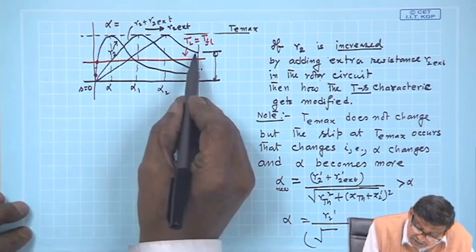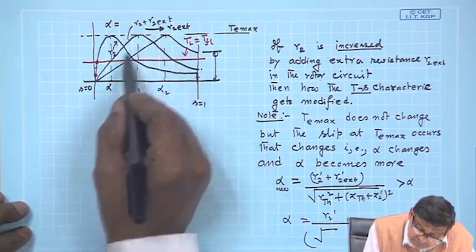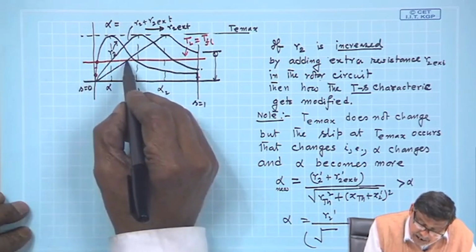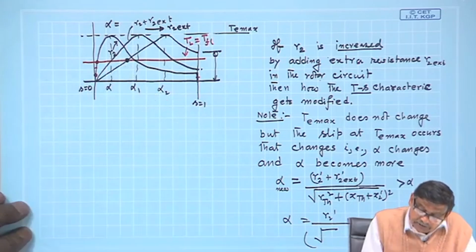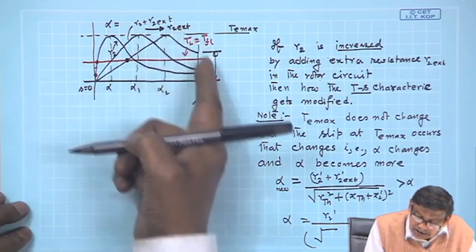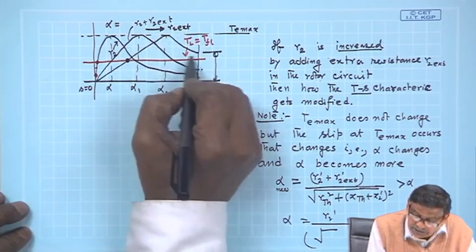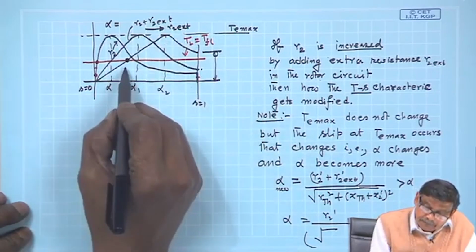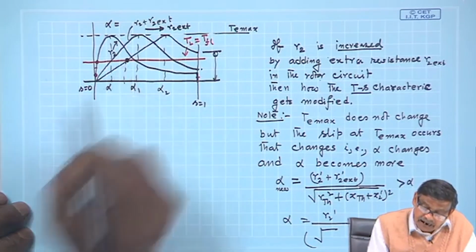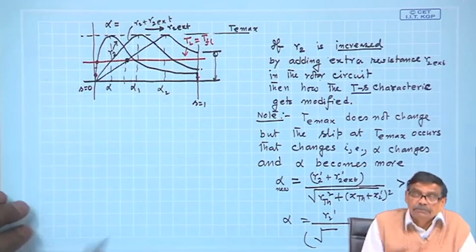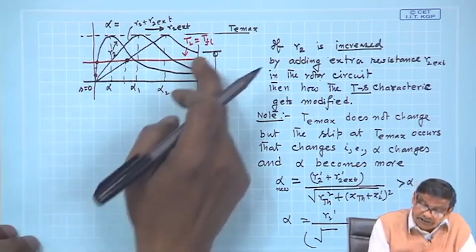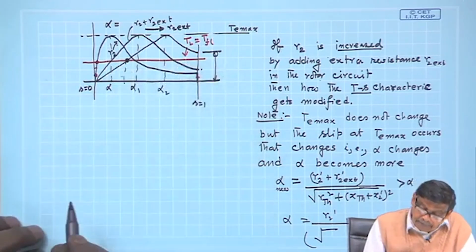And it will settle down at this point, because this is the load torque characteristic with some R2 external present, and the machine will run at this speed, because that is the stable zone, only one point of intersection we are getting.